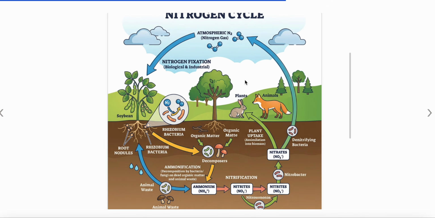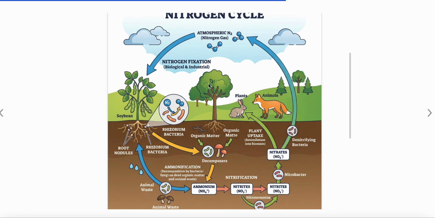This is how the cycle continues, and it provides nitrogen for the plants, because plants don't have the capacity to absorb atmospheric nitrogen directly. It's only the bacteria which have the capacity. Another way is lightning. Through lightning also some of the atmospheric nitrogen gets fixed.